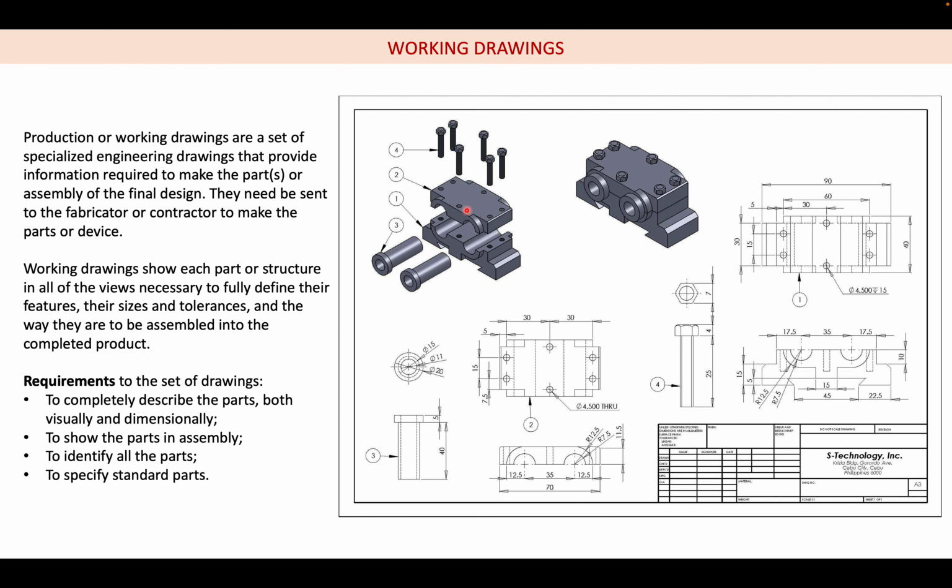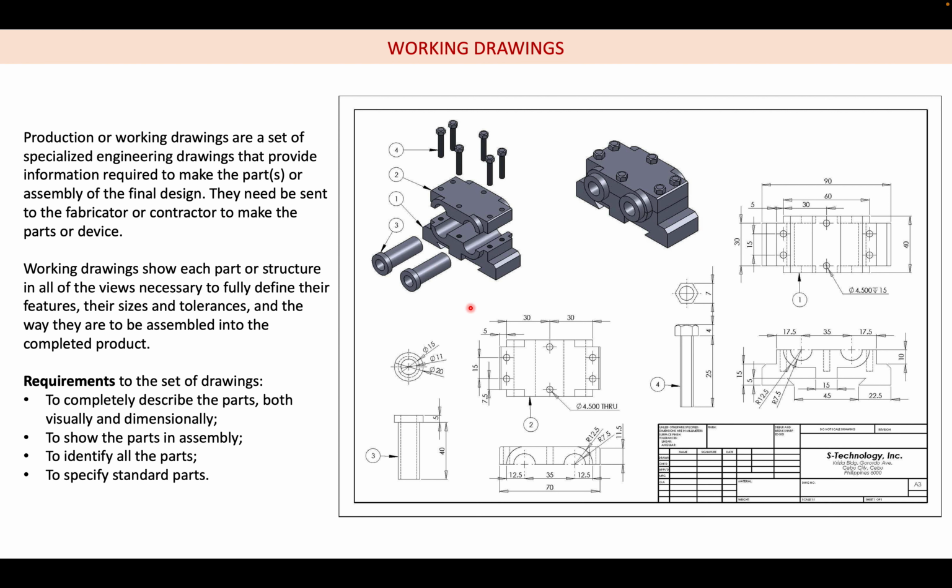There are two parts numbered 1 and 2, connected together by these bolts, number 4, and we have a shaft running through the hole provided. It could be a shaft or a pin also.